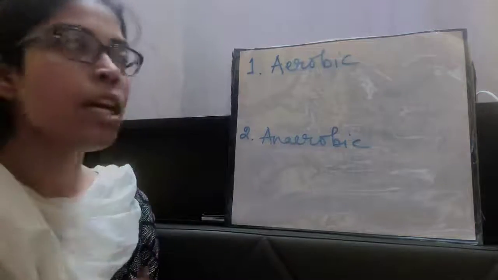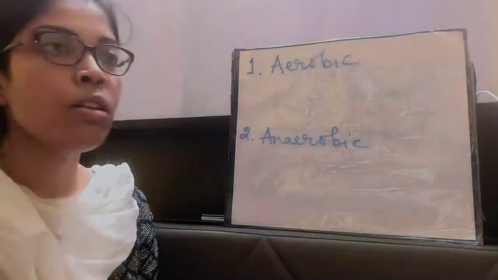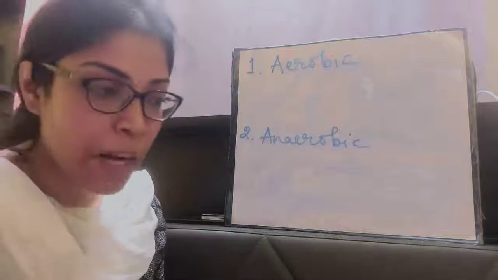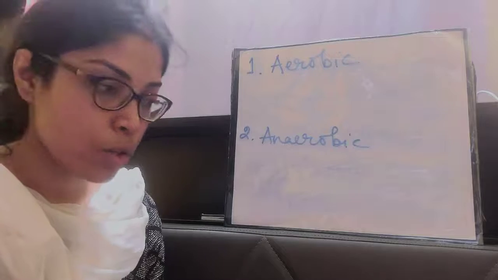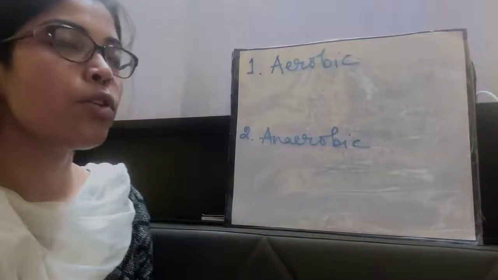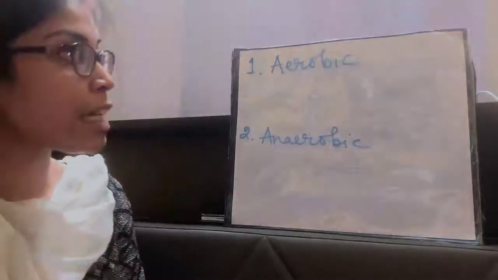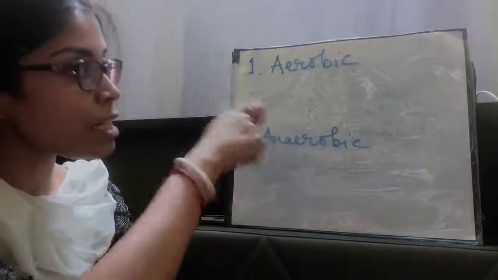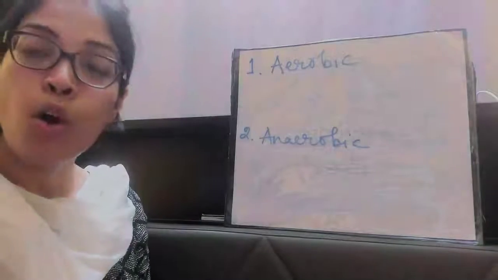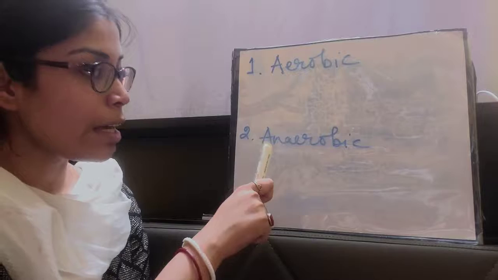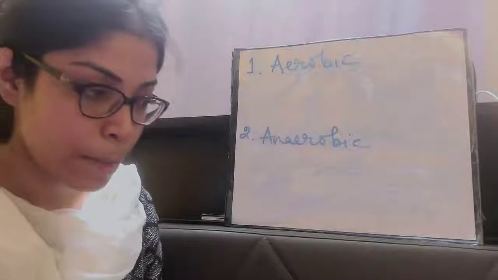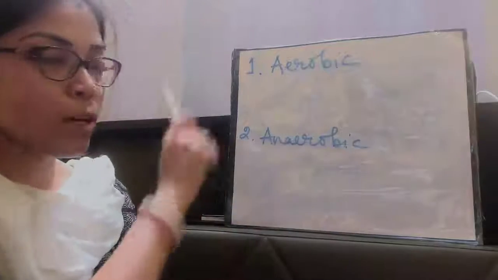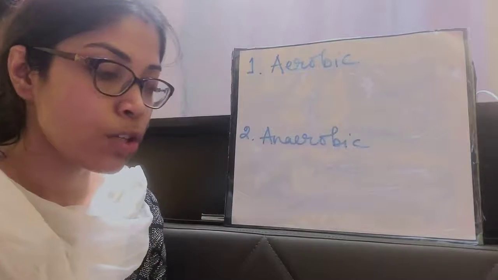So the classification has been done based on what parameter? The parameter is whether oxygen is present or not. First we will talk about aerobic respiration. From the name you can understand that in this type of respiration oxygen is present, while anaerobic means here oxygen is absent.